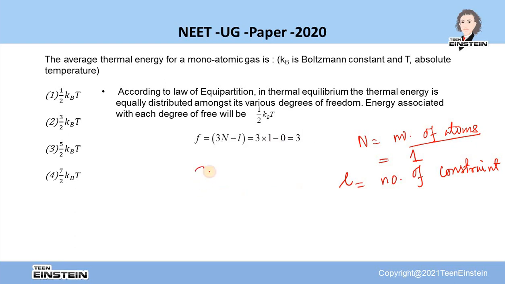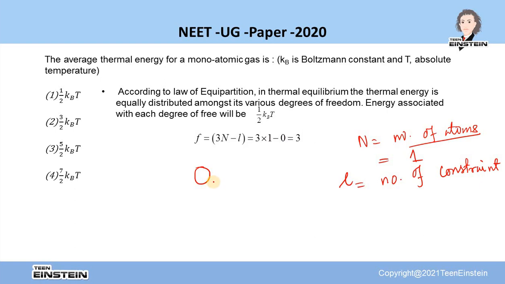So if there is only one atom in the gas, if this is a monatomic gas, that means it has a single atom in a molecule, so it has only translational degrees of freedom.